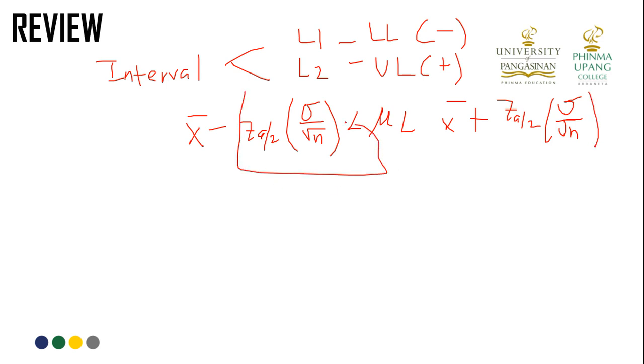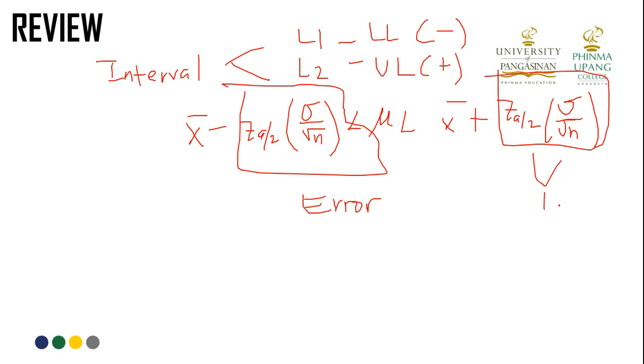So this is what we call error, margin of error, E. Last, tinatawag siya ng margin of error or E. So ito po yung kailangan nating i-memorize if the standard deviation is known.